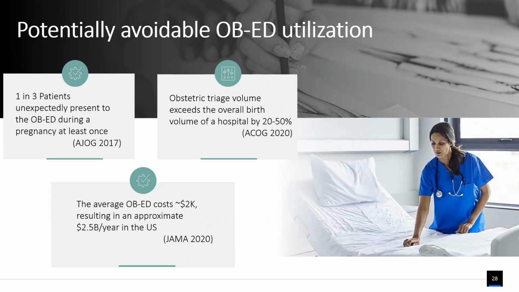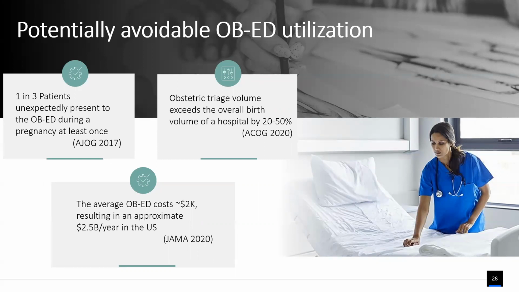So a lot of triage units are actually dealing with issues of capacity and how to manage all those triages when you're not going to bring them in for delivery, and you have to manage those patients and send them out. A lot of patients even go into the emergency room just to get prenatal care. So trying to declutter these triage centers associated with labor floors or emergency rooms in general is definitely a well acknowledged goal.